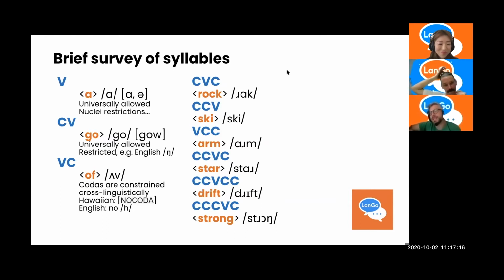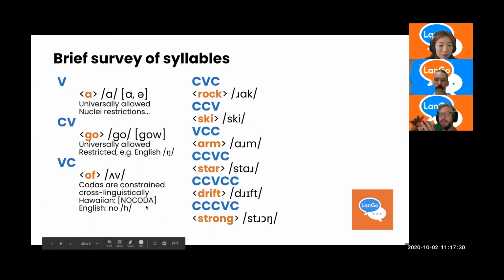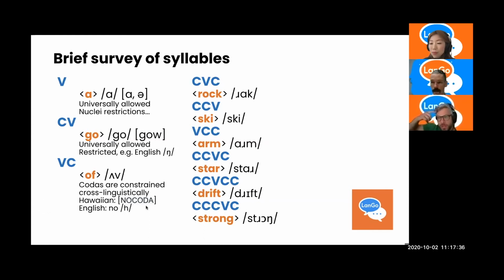Now, this is actually not as common cross-linguistically as you might think. There are many languages which do not allow codas. So an example I have here is Hawaiian language. In a prominent theory of phonology, and phonology is kind of the study of the mental side of speech sounds, so it's not phonetics.